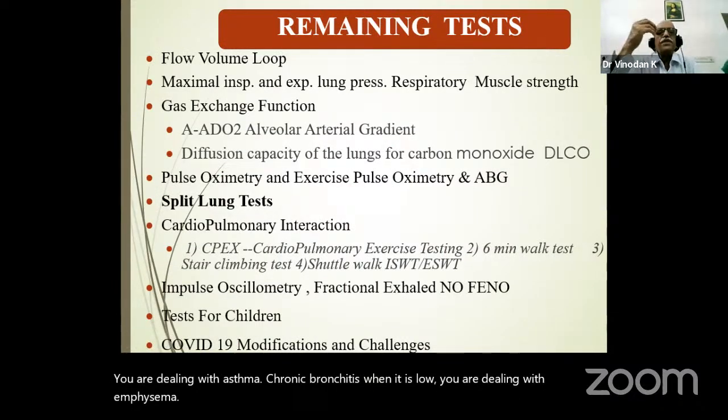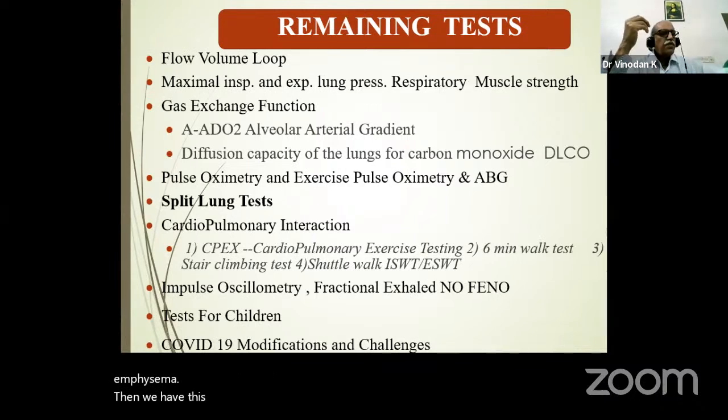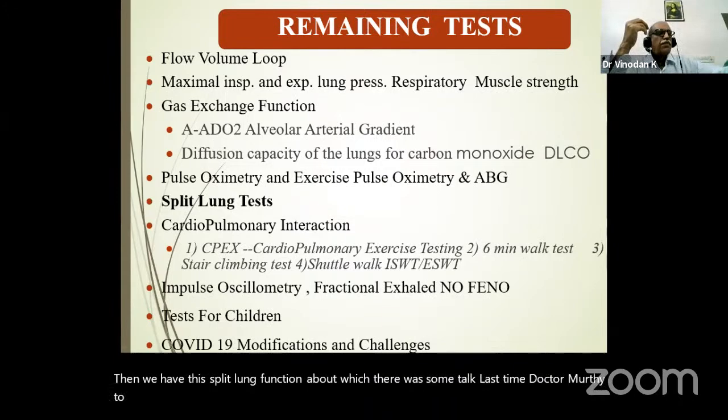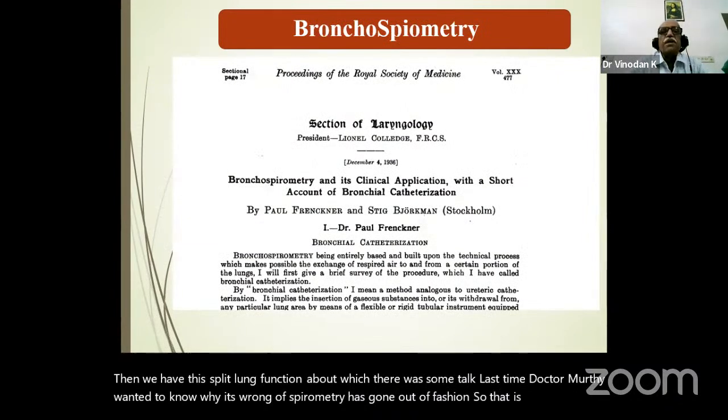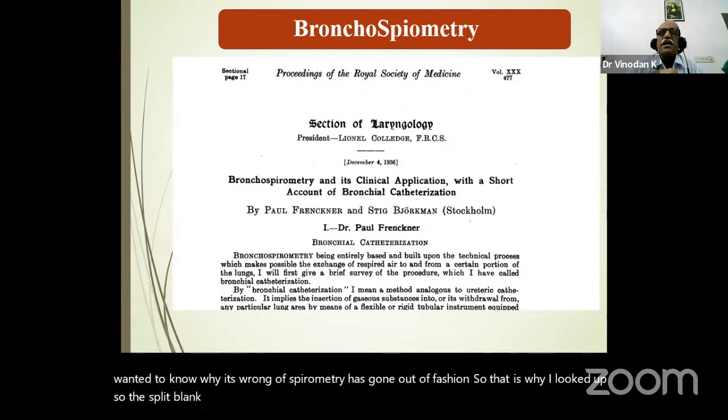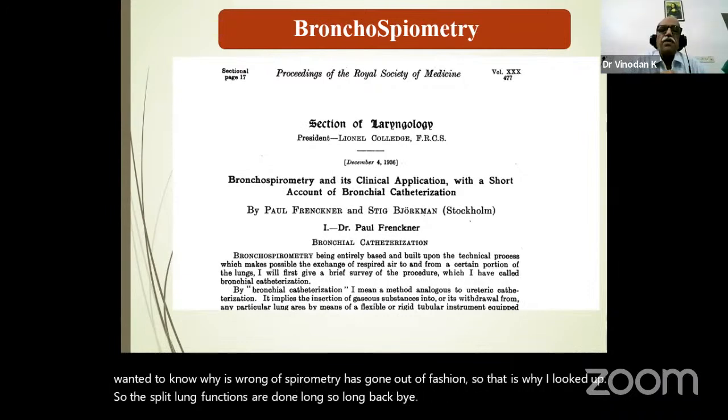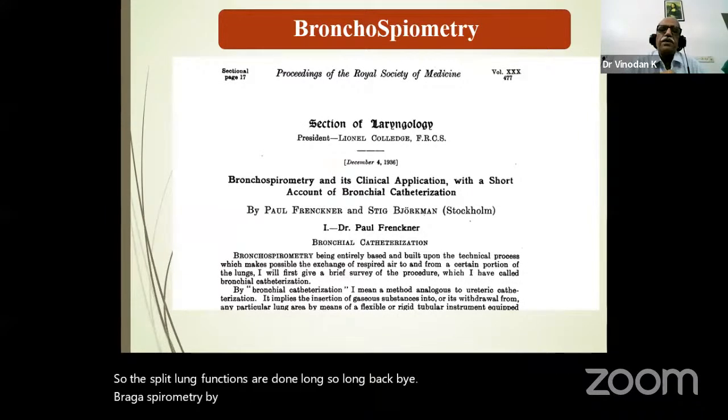Then we have this split lung function, about which there was some talk last time. Dr. Murthy wanted to know why bronchospirometry has gone out of fashion. So that is why I looked it up. The split lung functions were done so long back by bronchospirometry by Paul Fechner and Stig Jochman.